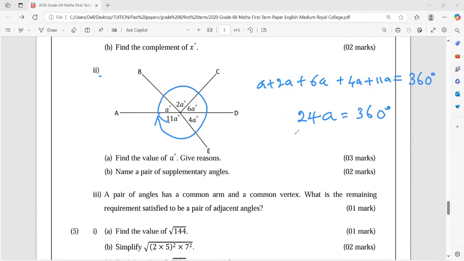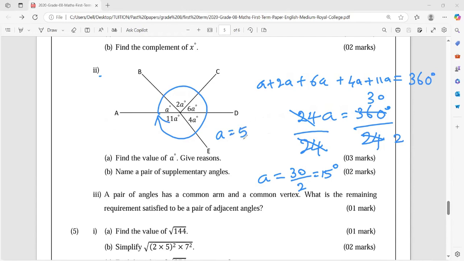So if you want to find a, you can divide both sides by 24, and then 24, 24 is cancelled. You can cancel both by 12, then you get 2, and you get here 30, and then a is equal to 30 divided by 2, it is equal to 15 degrees. So a is equal to 15 degrees. I hope you understand this.